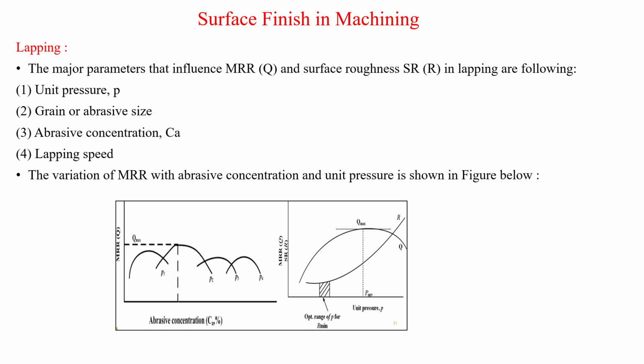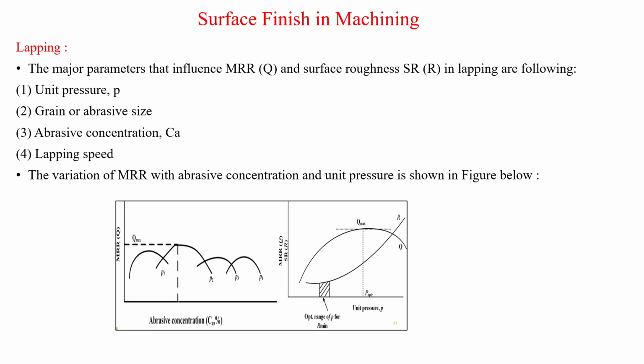One is the MRR, the material removal rate, which is the output of any machining process, because you always want the MRR to be high. And second is the surface roughness, the finish. You want the surface roughness to be minimum or the finish to be highest in any machining process. So to maintain high MRR and low surface roughness in the lapping process, we have various parameters.